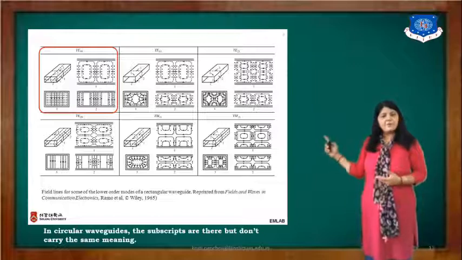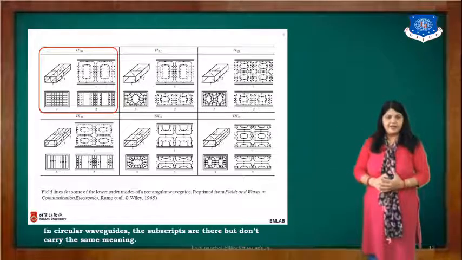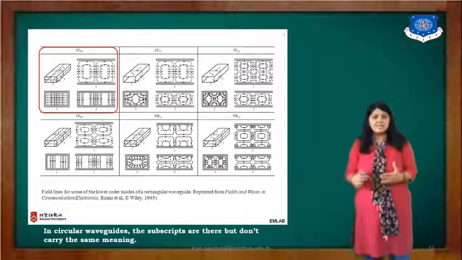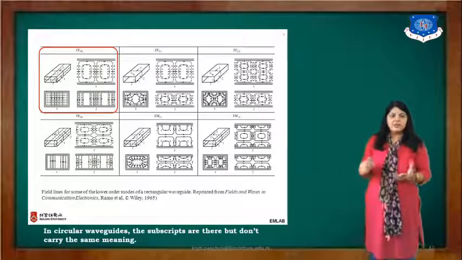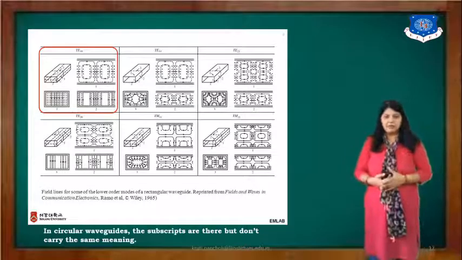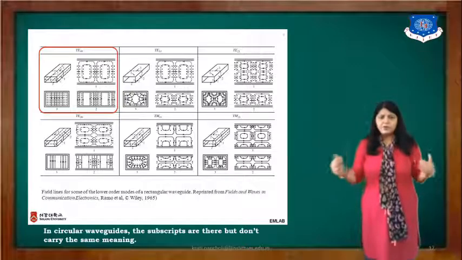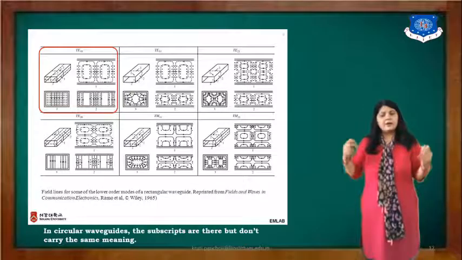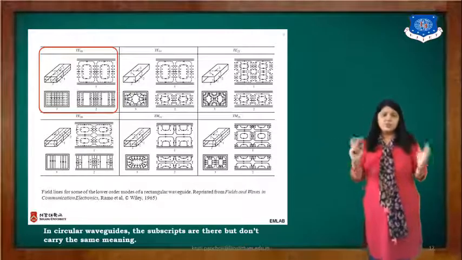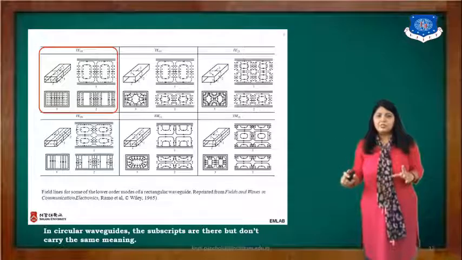This is the diagram for the circular waveguide. The subscripts are there but don't carry the same meaning. In the rectangular waveguide, you know there are two dimensions, the narrow dimension and the wide dimension.